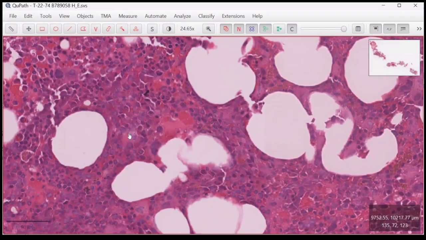Okay. Now we move to the next slide. HNE, MPO. Okay. I think we can jump to 34 and 117 first.